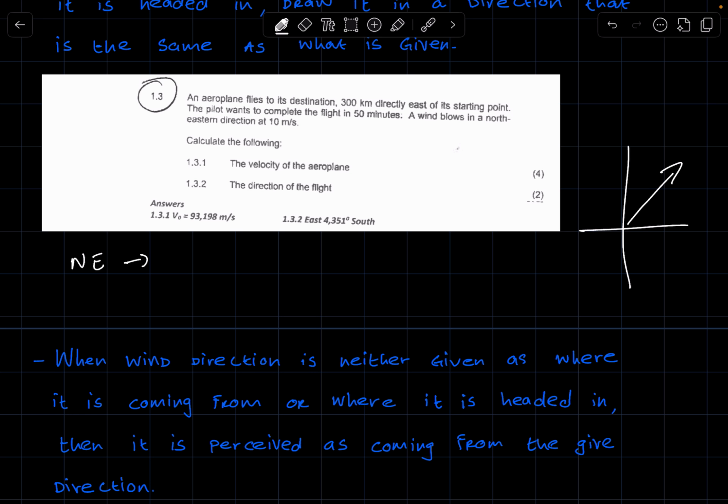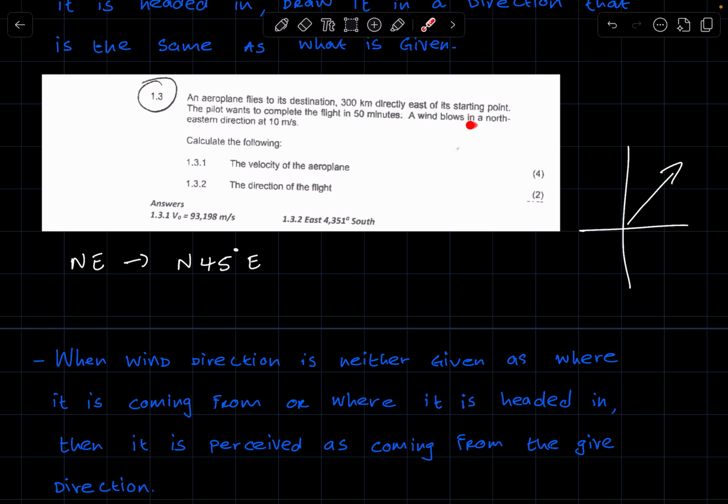Because we work with angles, we have to take the angle into consideration. This means that this is at the center of this quadrant, and if it is at the center of this quadrant, that means the angle is 45 degrees east. And then when drawing the wind vector on the Cartesian plane, you are going to draw it in the same direction.